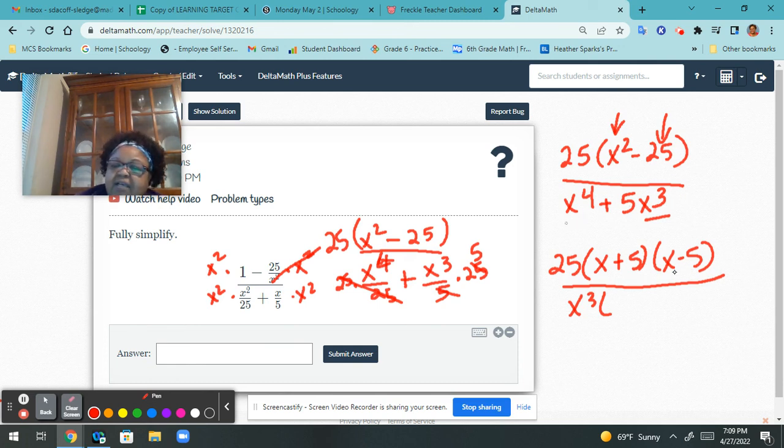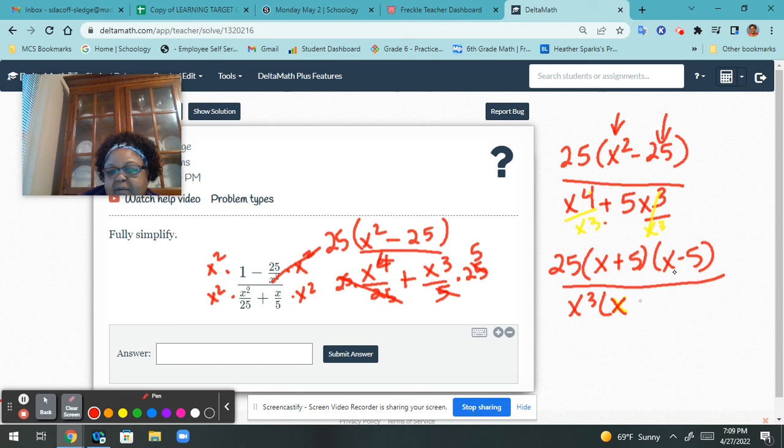So when I factor out that x cubed, basically what you're doing is dividing both of these by x cubed. So that cancels out. That leaves me with a 5. And here, x to the fourth over x cubed is x to the first power, because 4 minus 3 is 1.